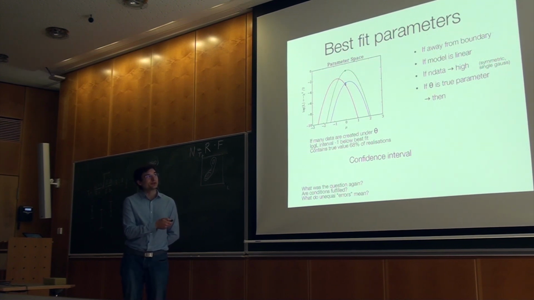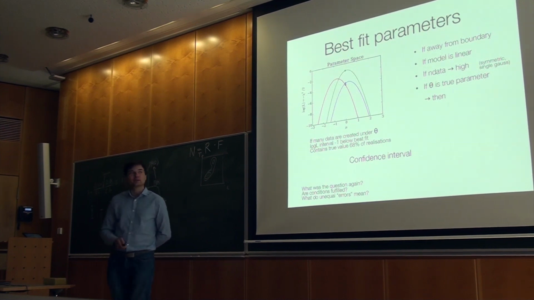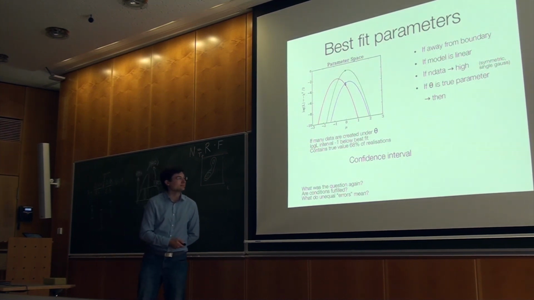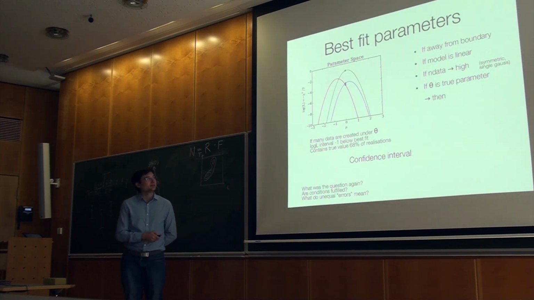And we don't want to assume that the best fit is really the true value out there. So, what do unequal uncertainties on confidence intervals really mean then? If this 68% of realizations is not what we state here.